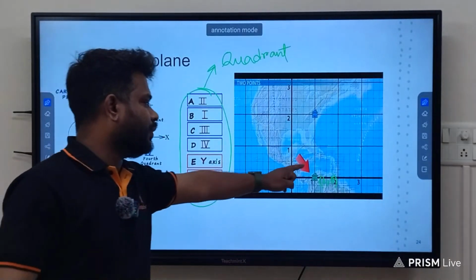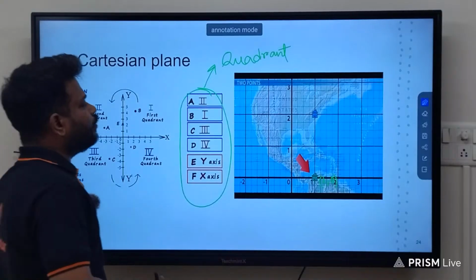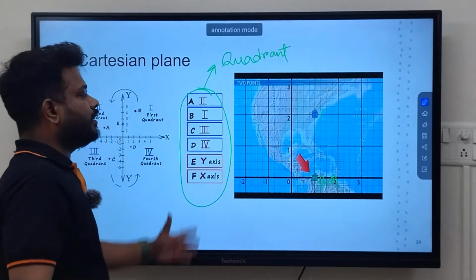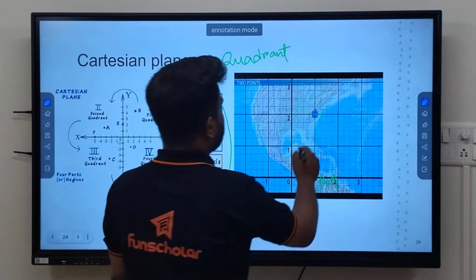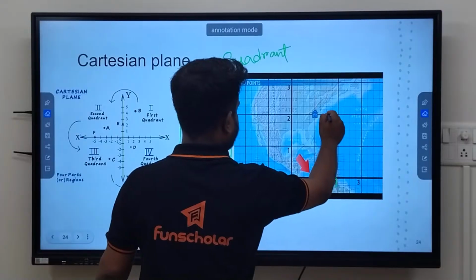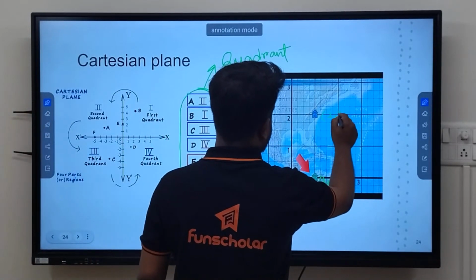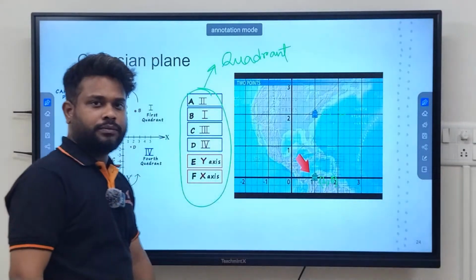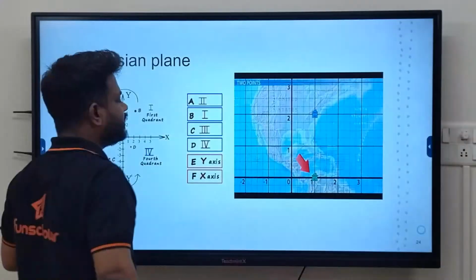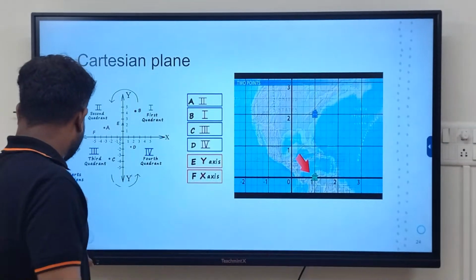This point will lie here. And if someone tells that this is home of your another friend, so this point will be 1 comma 2 here, right? By this method we can just simply find out the coordinates of any point.